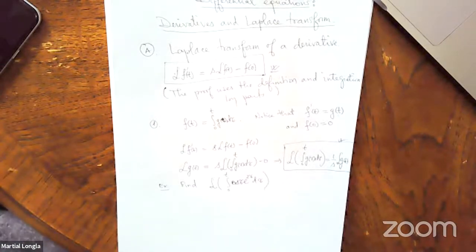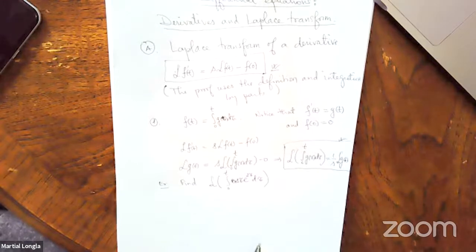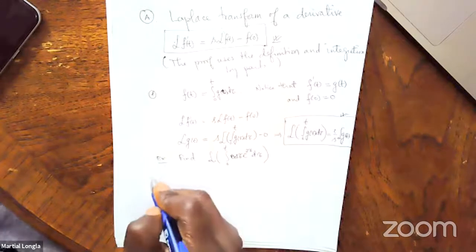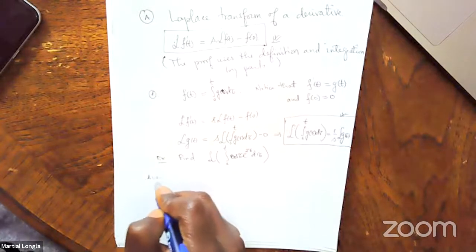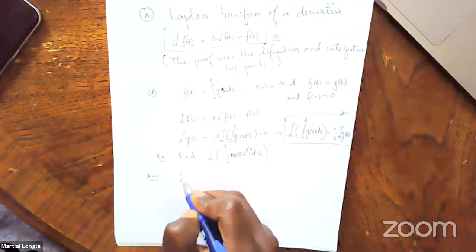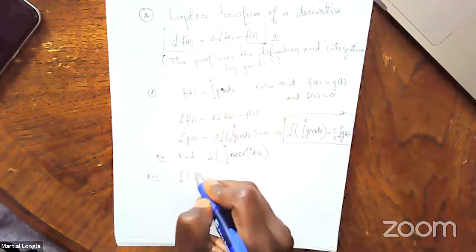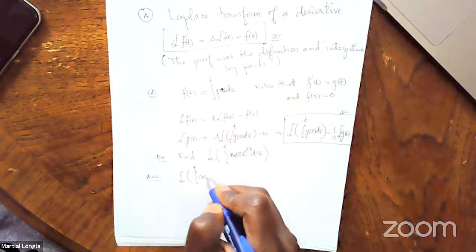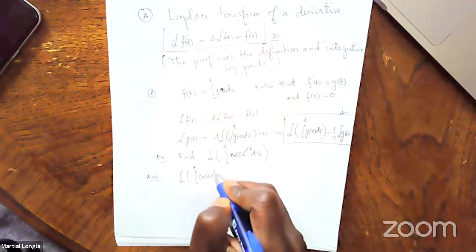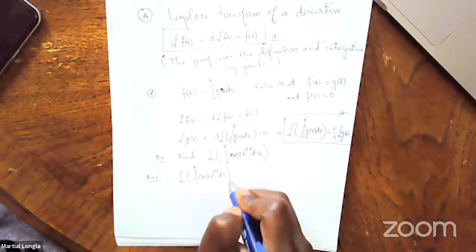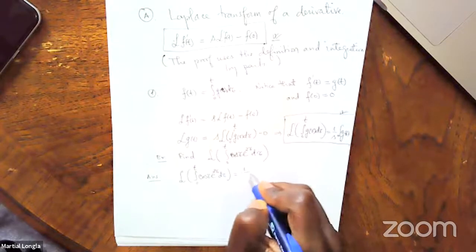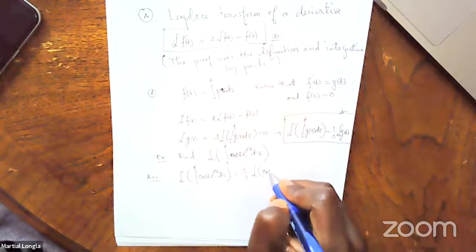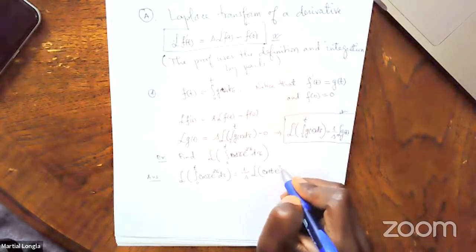If I ask you to find this, it would tell me that that is equal to 1 over s times the Laplace transform of cosine t e to the 2t.